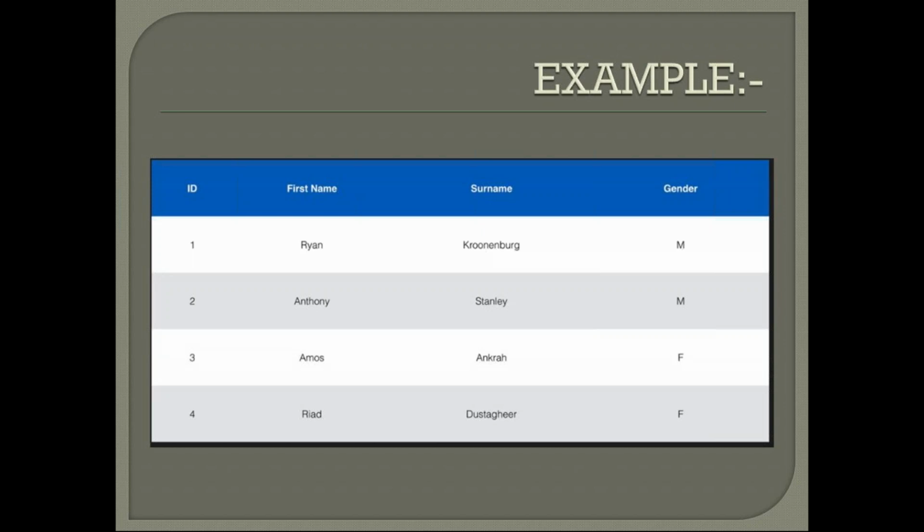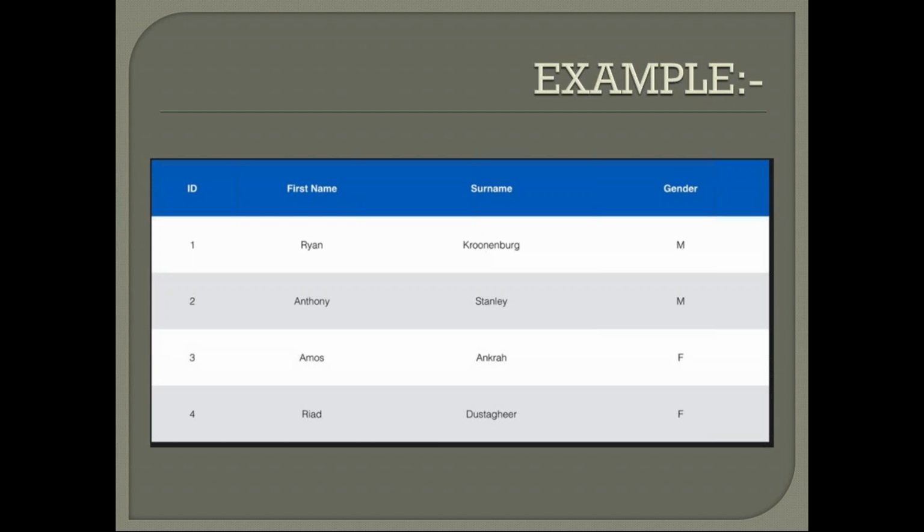The first column shows the ID. The number 1 is the ID, and in the same row you can see the first name, Ryan. Ryan is the first name of the customer of the bank.